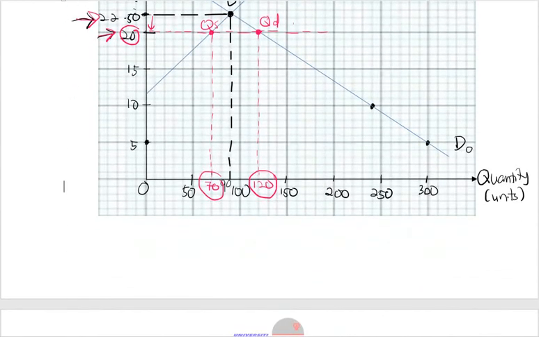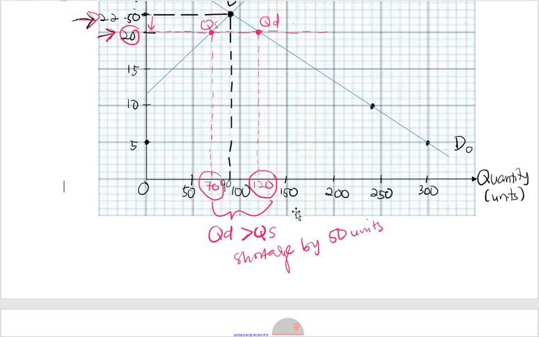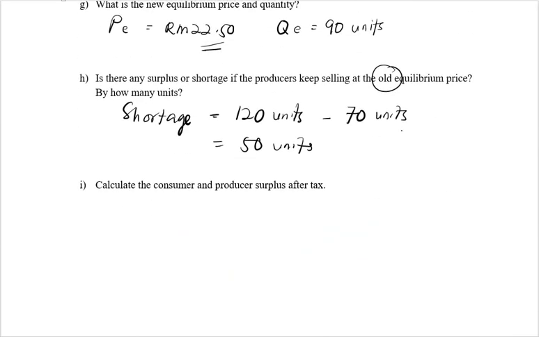Okay, look at this point. This is where quantity demanded is more than quantity supplied. So there will be a shortage of 50 units. Alright, so that is for question H.